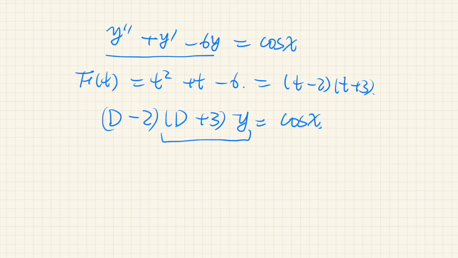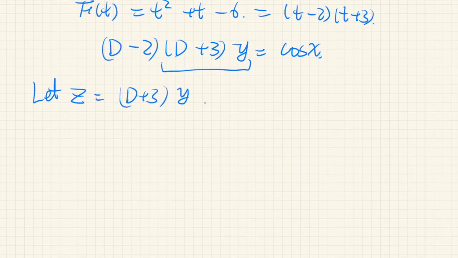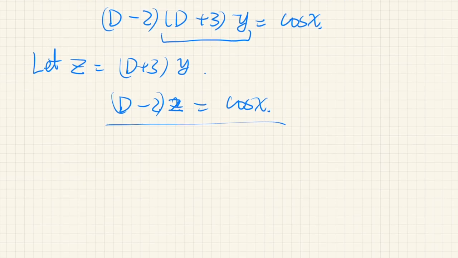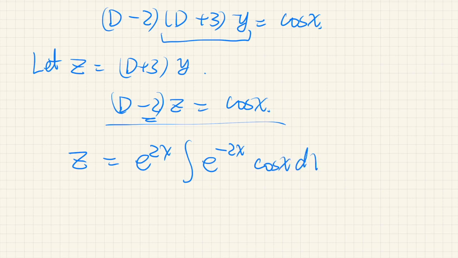So let this part be equal to z. Let z equal D plus 3, y. Then the equation is D minus 2, z equals cosine x. And for this inhomogeneous differential equation, we have the special solution z equal to exponential of 2x times the integral of exponential of negative 2x and cosine x dx.